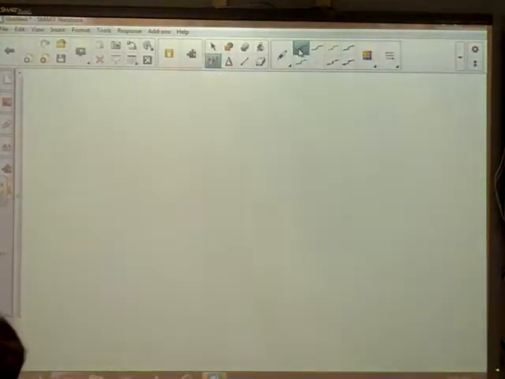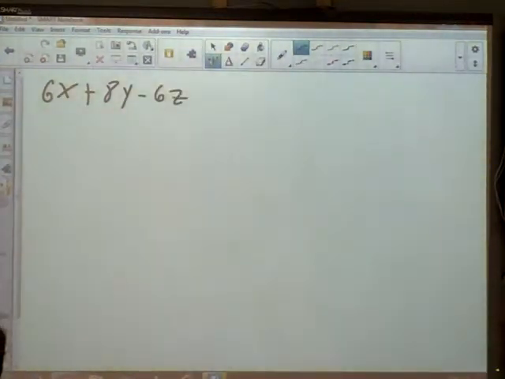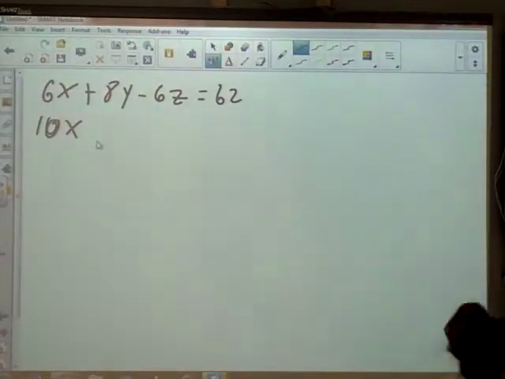Alright, let's try this one. 6x plus 8y minus 6z is equal to 62. We could do this one by ourselves. I thought we'd try one more together, but if y'all think you're already ready, I'll let you.